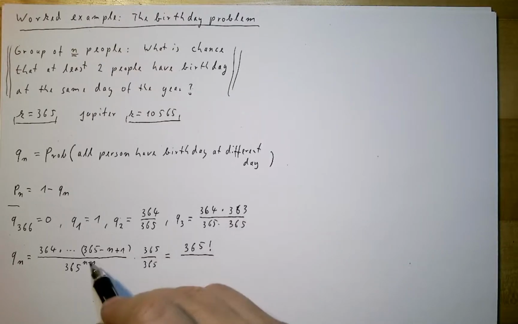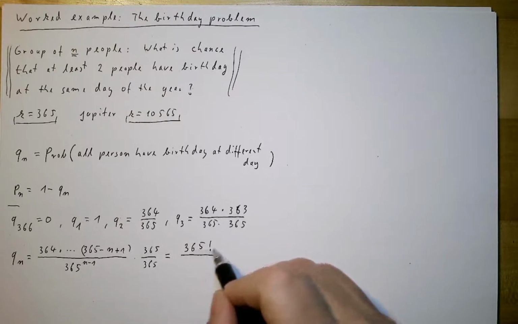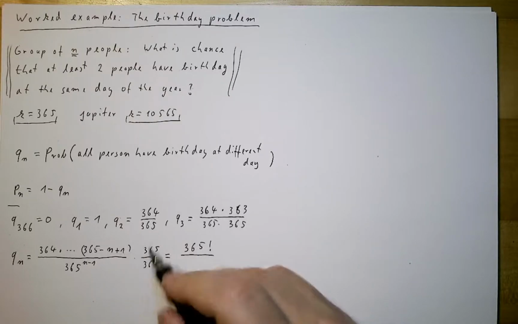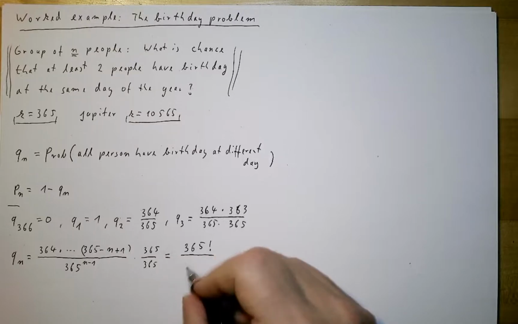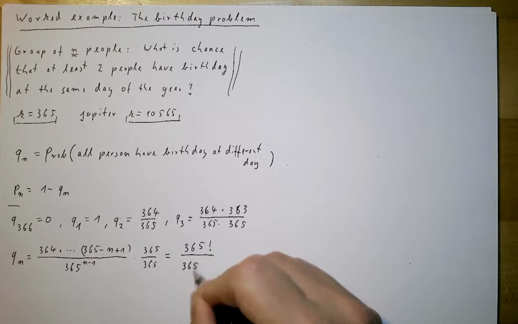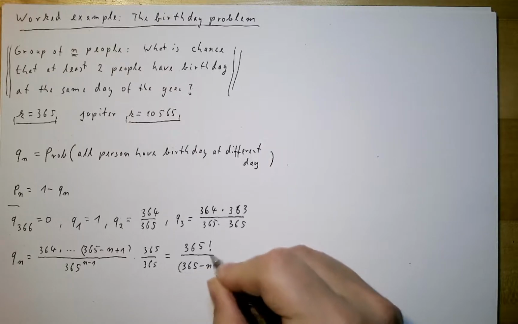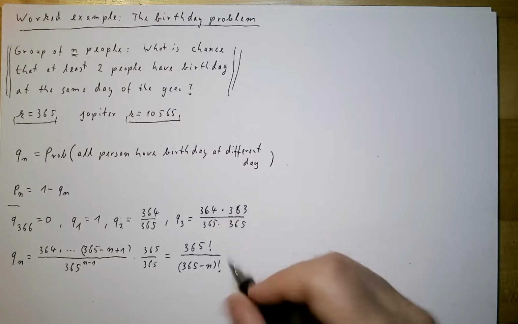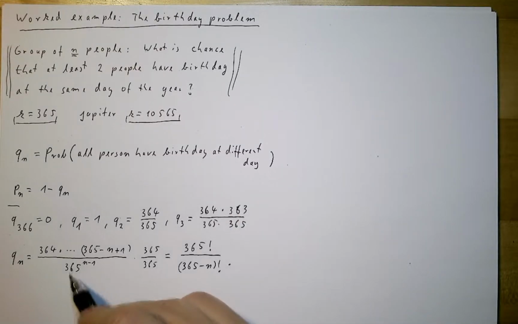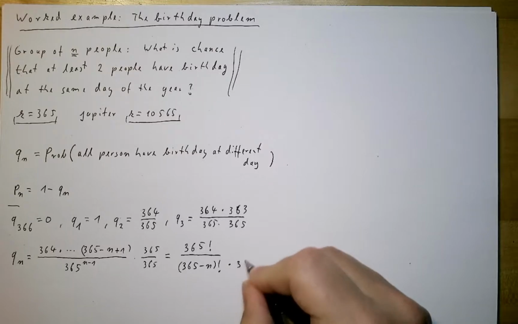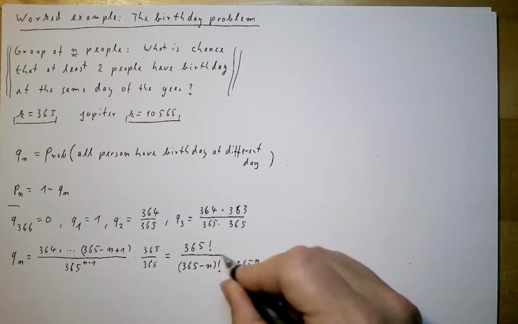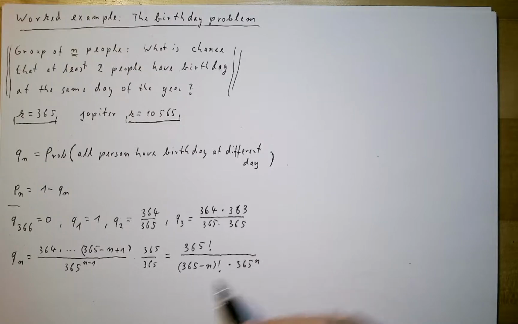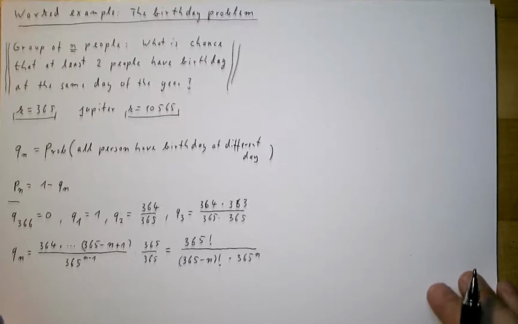But if we write this factorial, we have too many terms, so we have to divide by 365 minus n factorial, so that in the denominator we just have the correct number of terms, and then we still have 365 to the power of n. So this is just a discrete counting problem.